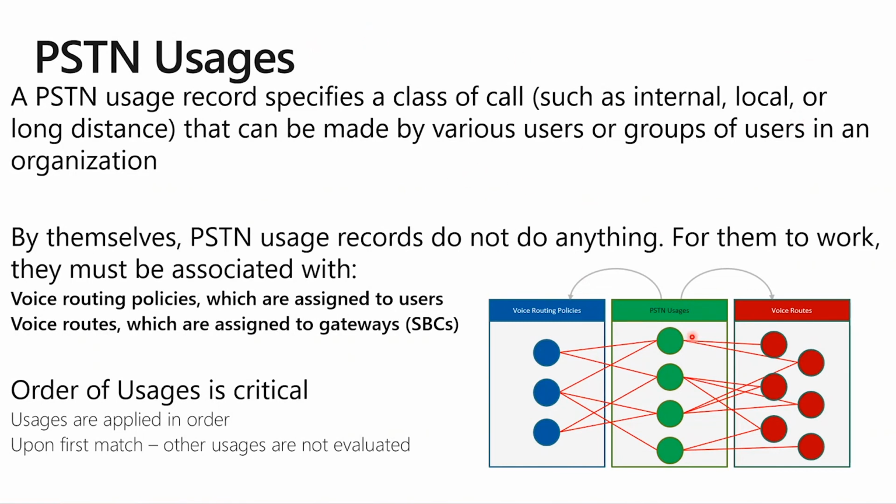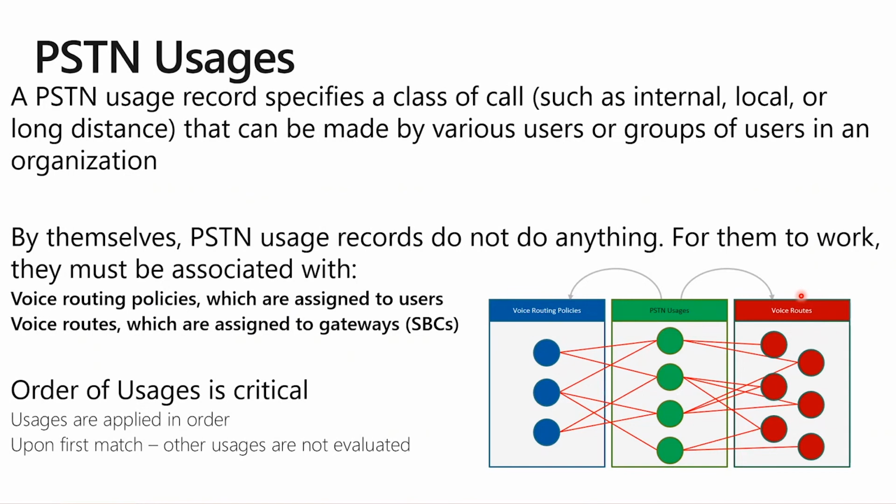By themselves, these PSTN usages sitting in the middle don't do anything. They connect voice routing policies, which I assign to users, dictating their capabilities, and voice routes, which are assigned to gateways that they can connect to. They're just the glue between voice routing policies and voice routes.